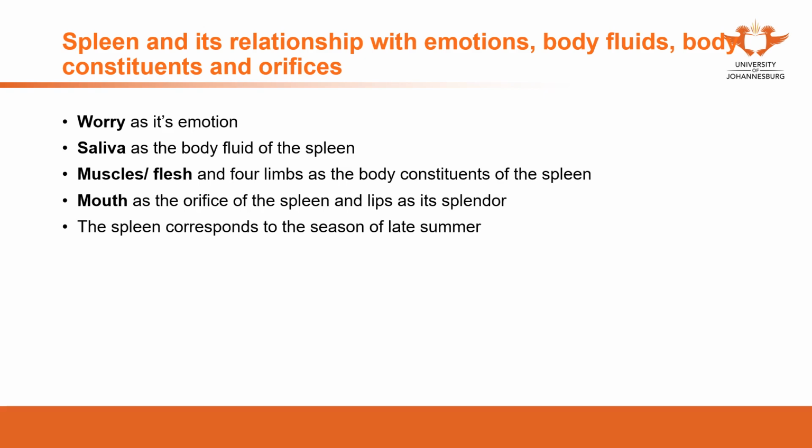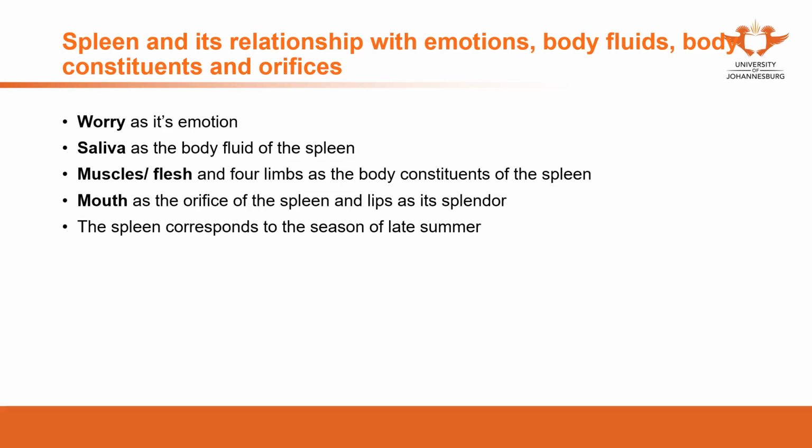So the last 18 days of spring, the last 18 days of summer, the last 18 days of autumn, and the last 18 days of winter. These four periods of 18 days are considered as the late summer. Here, we accept the first theory. The late summer refers to late summer to early autumn.